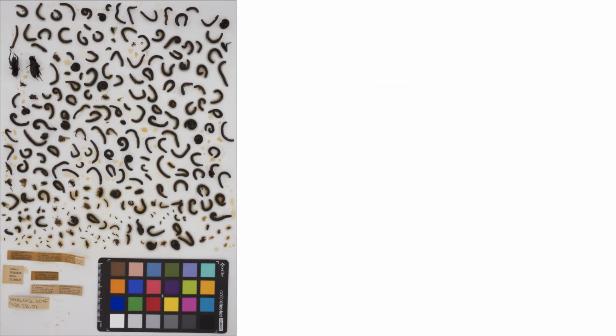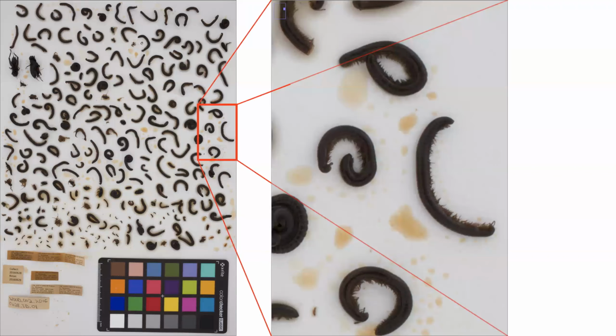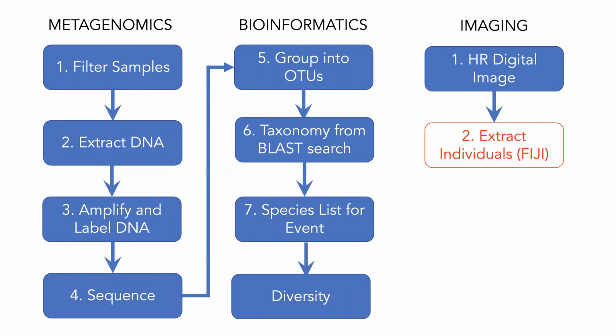This image is stored as a TIFF that is about 120 megabytes. But the image that I've extracted to the right is the actual resolution and size of the image as we see it. So once we have all of the individuals in the image, we want to be able to extract each individual from the image.